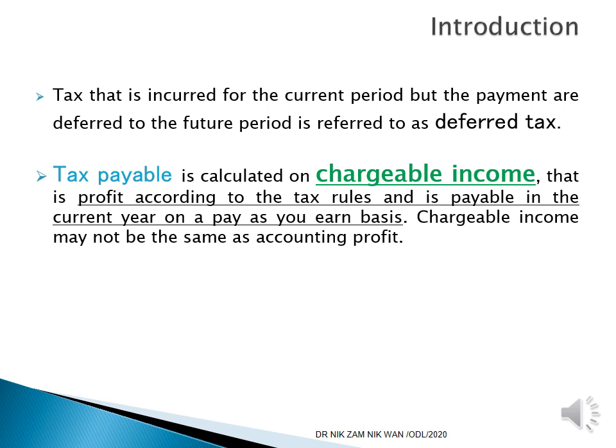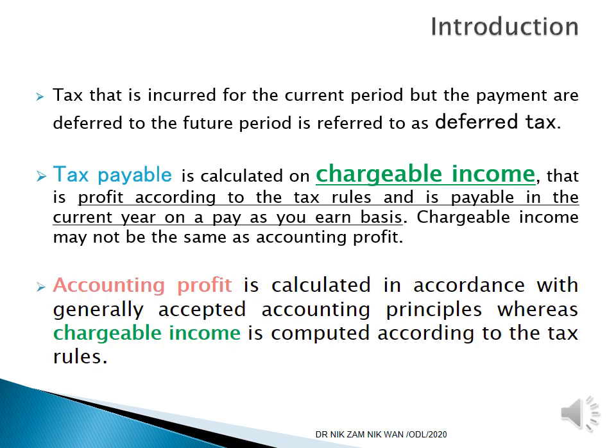Chargeable income may not be the same as accounting profit. Accounting profit, the one that you normally calculate, is calculated in accordance with generally accepted accounting principles, whereas chargeable income is computed according to the tax rules.